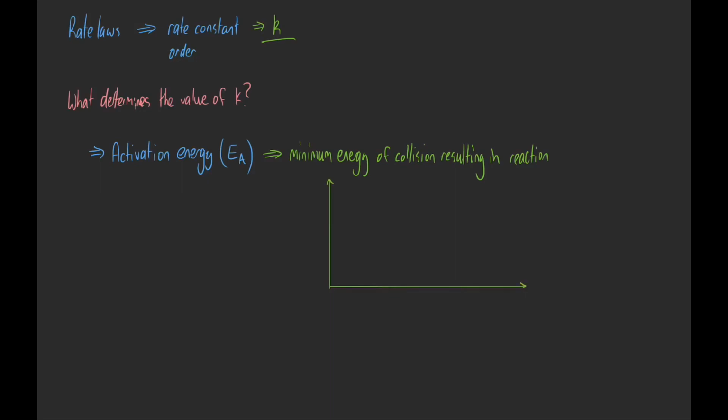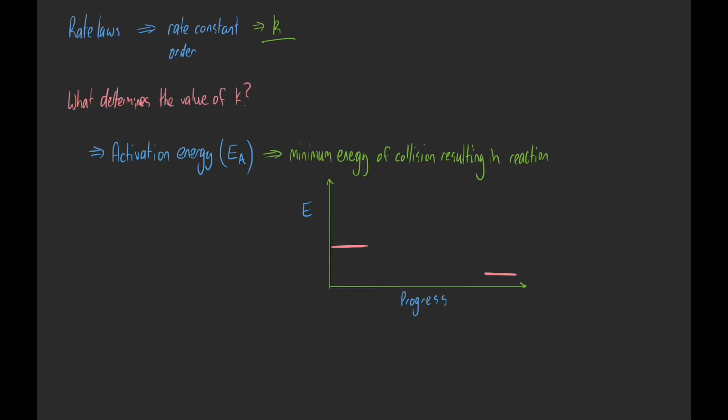On the x-axis, we're going to have something that indicates the progress of the reaction, and on the y-axis, we're going to have energy. So we're going to start with some reactants at some energy, and we're going to end up with some products at the end of the reaction.